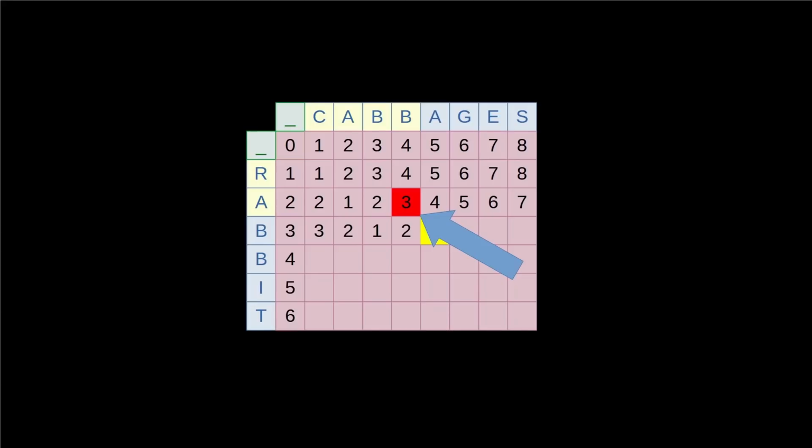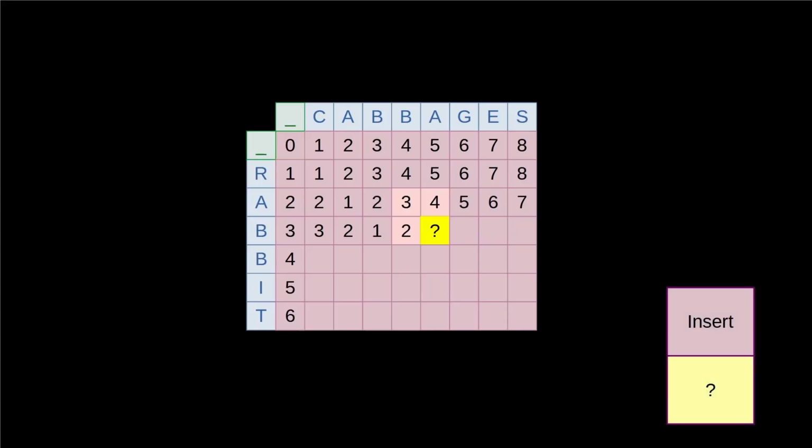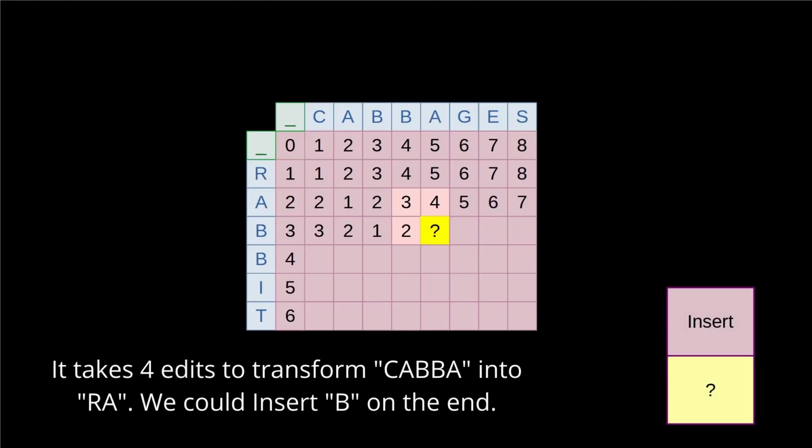Those 3 boxes just there are really what we're interested in when we're computing Levenshtein edit distance using the Wagner Fischer algorithm. What we've got is a choice from 3 different options. So we could take 4 edits to transform the string CABB into RA, and then we could insert an extra B on the end of RA and get RAB.